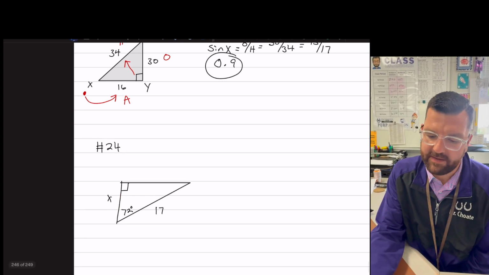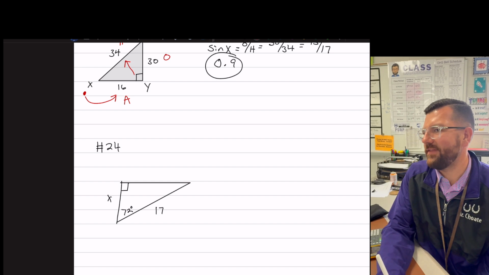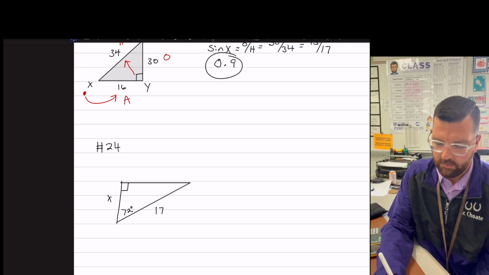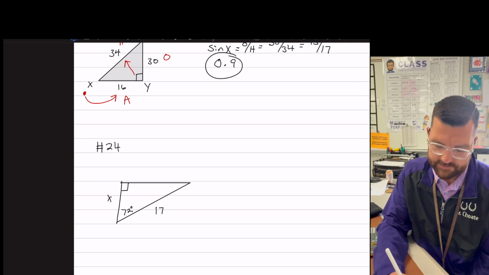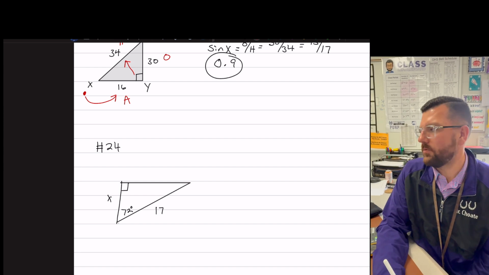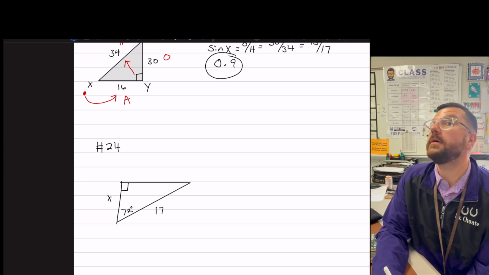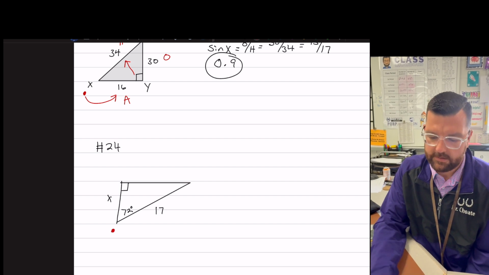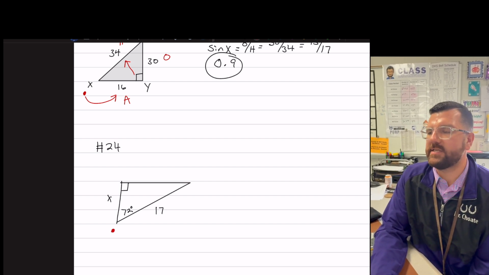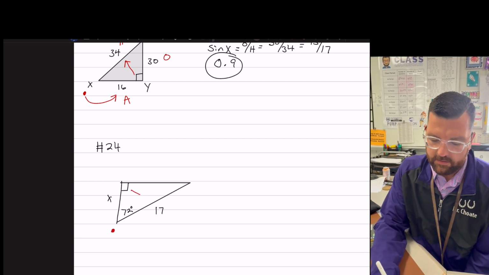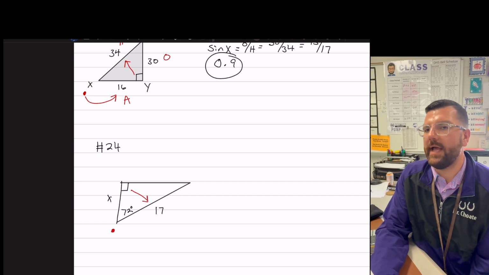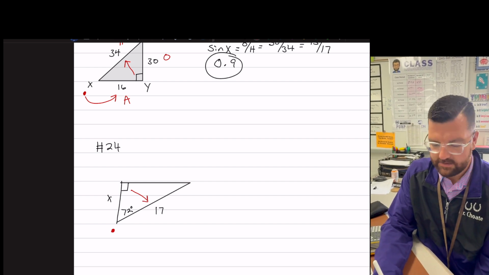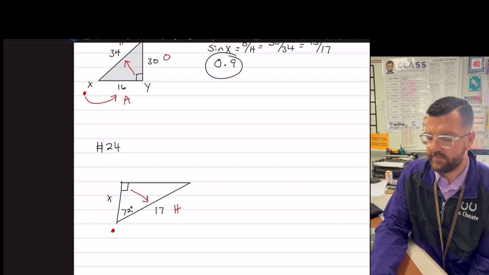They only gave me one other angle other than the 90-degree angle. What angle did they give me in number 24? 72. Okay. They gave me 72. Across from the right angle is my hypotenuse.